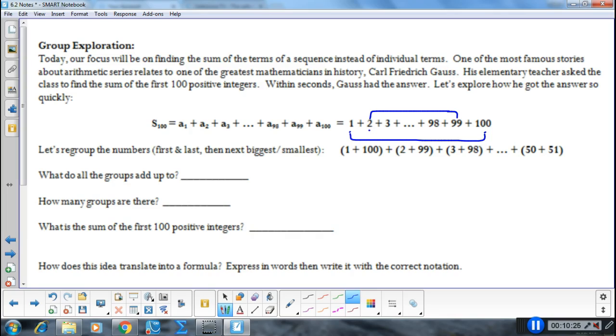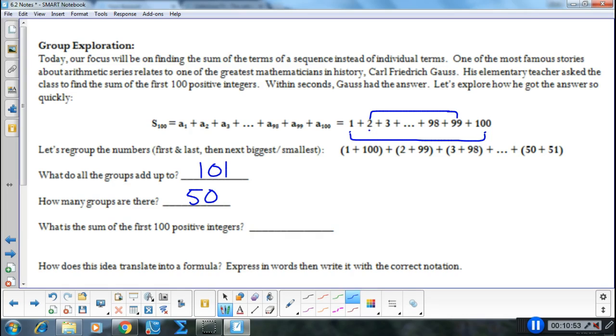What do you notice about all of those groupings? It's always 101. All the groups add up to be 101. Okay? How many groups are there in this particular example? There's 50 of those groups. Because if you've got 100 digits and you're adding 2 of them at a time, that means you're going to have 50 groups. With me?